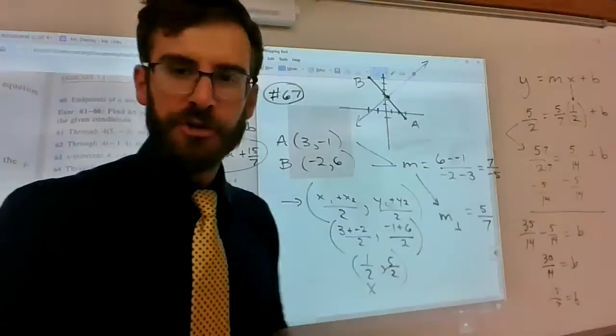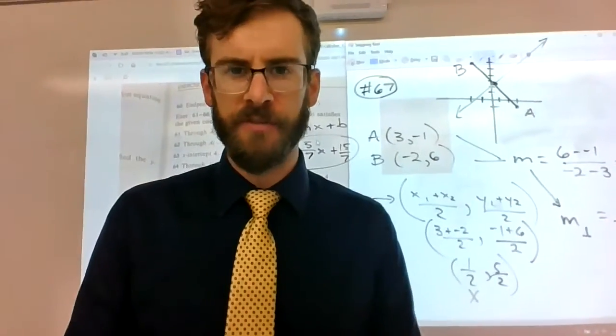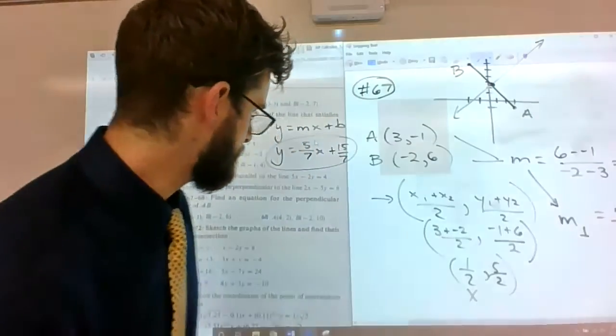All right, I'm going to try to fit in one more. It's not about lines. It's more or less just applying an equation to something that's more of an application. Go to number 77 in the textbook.